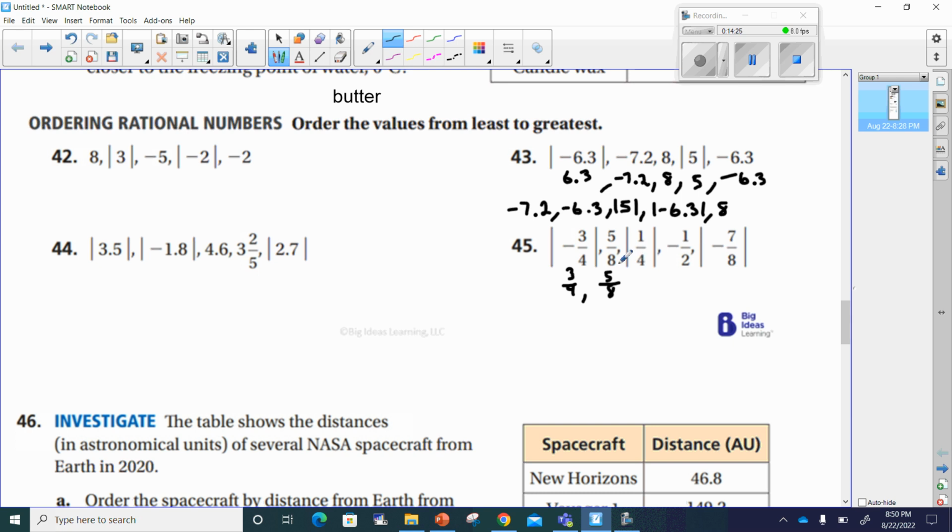Then we have the absolute value of 1/4, which is still going to be 1/4. Then we have negative 1/2. No absolute value sign there. Then we have the absolute value of negative 7 over 8, which would be 7 over 8.